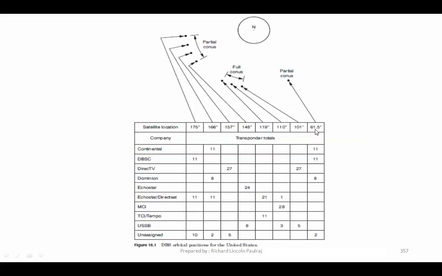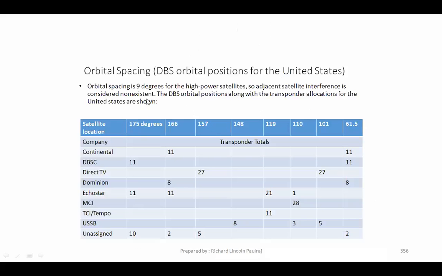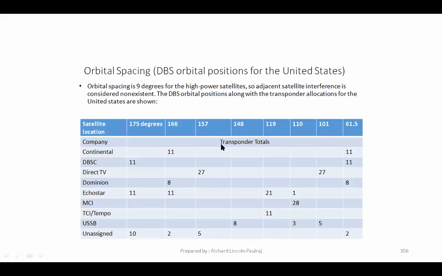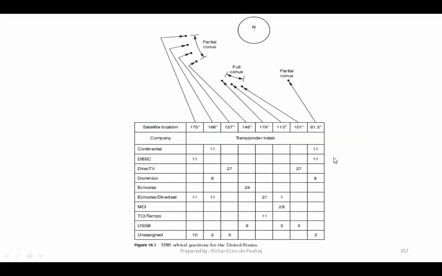So here it's about 61, then 101, 110, 119, the same degrees that we saw previously. The same is mentioned here, but with respect to spacing, and these dots are representing the satellites as to how they are put up in the space. All this information, the numbers, remains the same here as well.